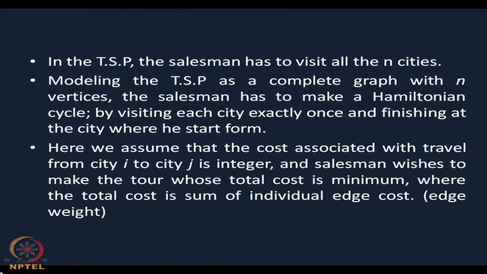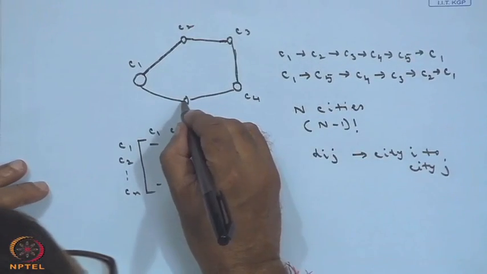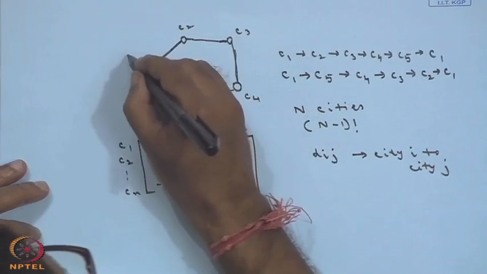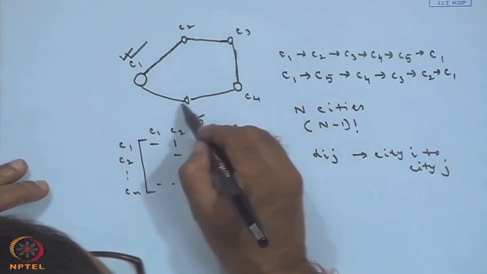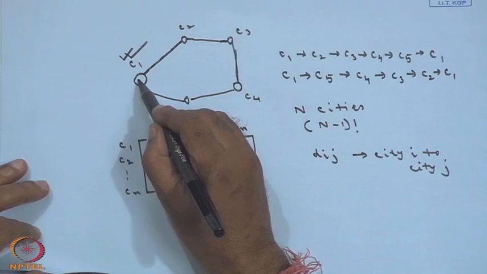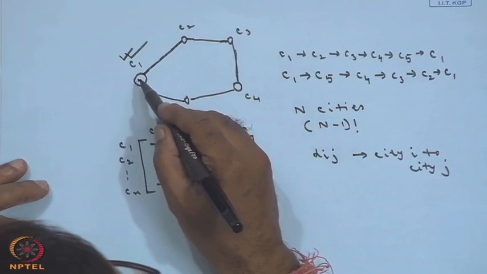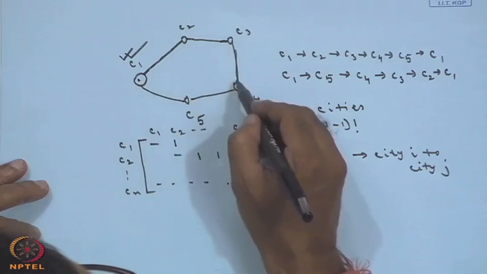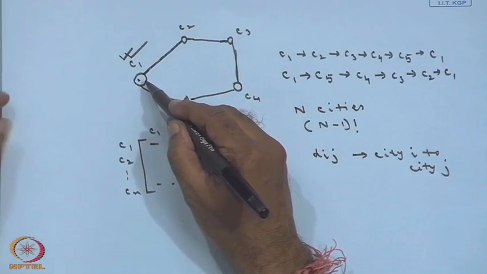Or in other words, if you see this earlier figure, if you start from C1, you can visit in any way, but ultimately you have to come back to C1 only. We are calling this the Hamiltonian cycle, and each city you visit only once and you come back to the earlier position.